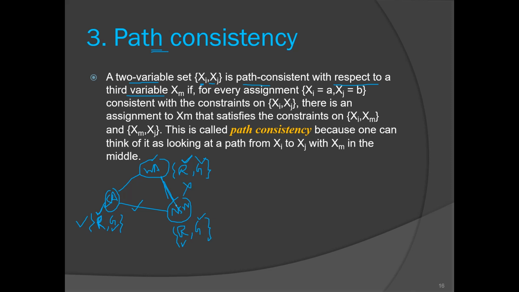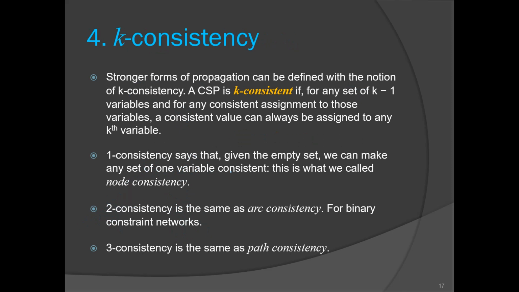That means this is not path consistent. So here we are considering a third variable. Once you finalize any assignment, that has to be consistent with the third variable also. Then you can say that it is path consistent. So this is regarding path consistency.